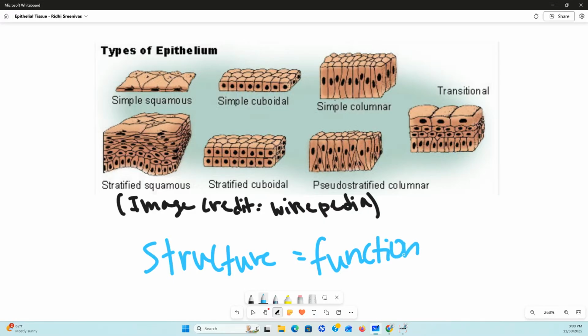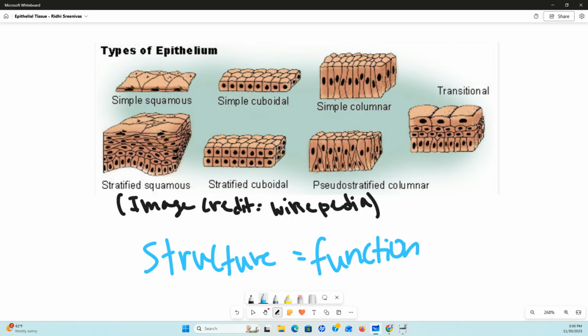Because the structure of something can give us clues to what the function of it is, and by knowing that we can help advance our knowledge of what this organ might do, what are its properties, and can help diagnose issues and make advancements and all that. That's why classifications are very important.